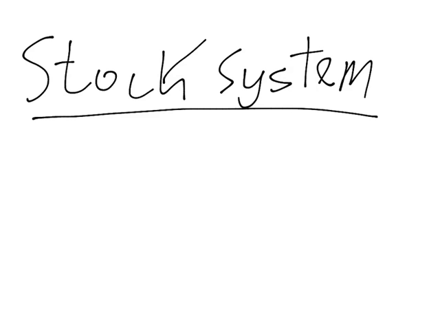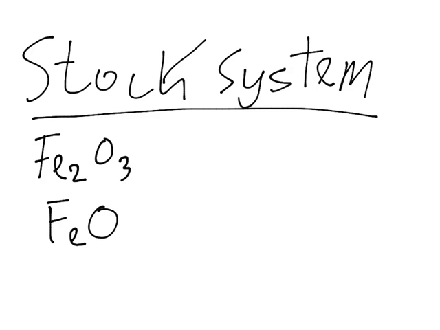So the stock system focuses on using Roman numerals to indicate the cation charge, or in other words, the metal charge. So let's say we have these two compounds. Now Fe represents the symbol for iron, and O is oxygen.